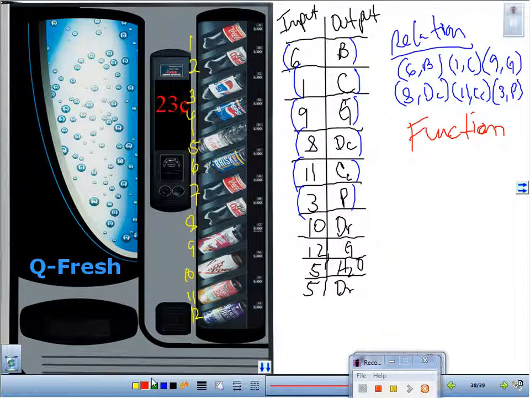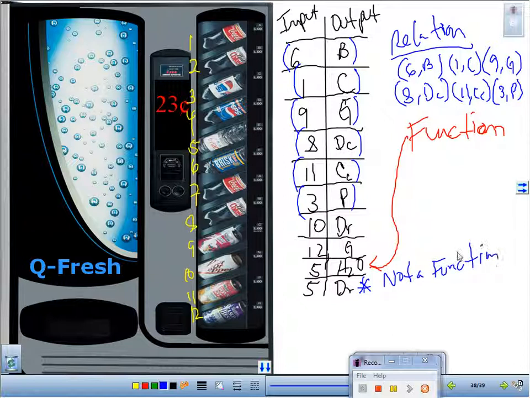So, check this out. Up to right here, the machine was functioning correctly. And if I kept writing all the ordered pairs, it would still be a function. However, up to right here, it is no longer a function.